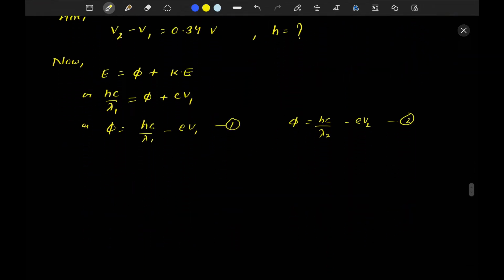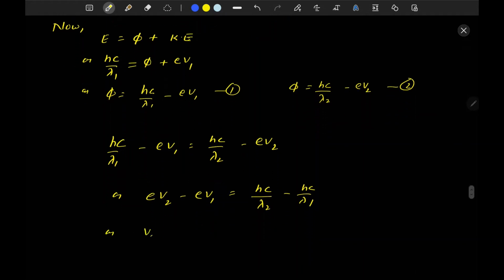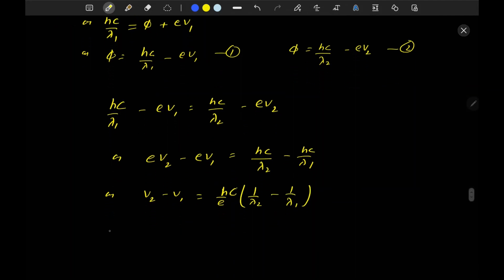So equating equations 1 and 2, we get hc/lambda1 minus eV1 = hc/lambda2 minus eV2, or eV2 minus eV1 = hc/lambda2 minus hc/lambda1, or V2 minus V1 = (hc/e)(1/lambda2 minus 1/lambda1).